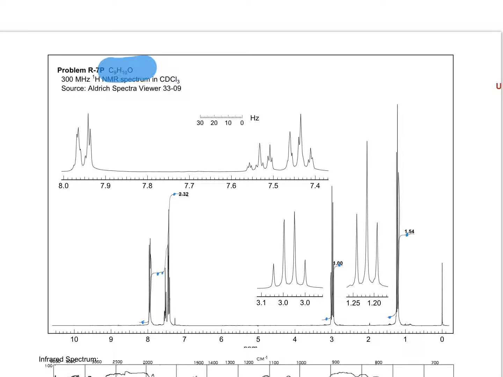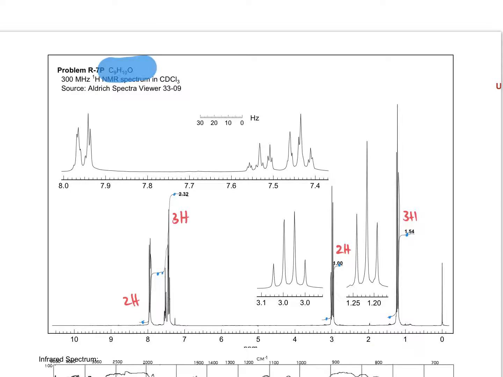So although it's like 1.5 protons, you can't have 1.5 protons. So these integrals were probably divided by a common denominator, which makes it 3H, 2H, 2H, and 3H. So 5 total, 5, 2, and 3.